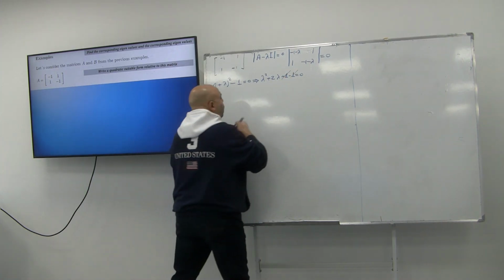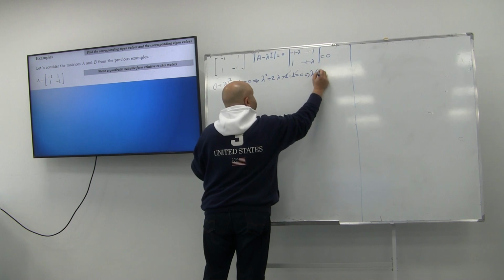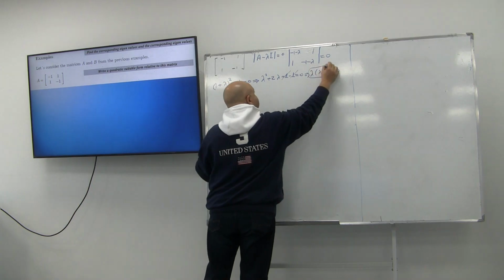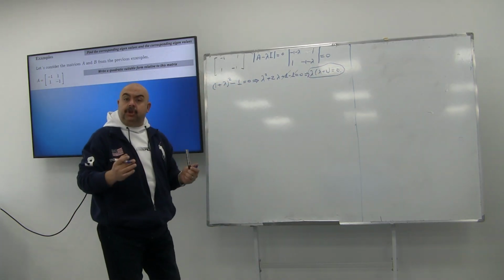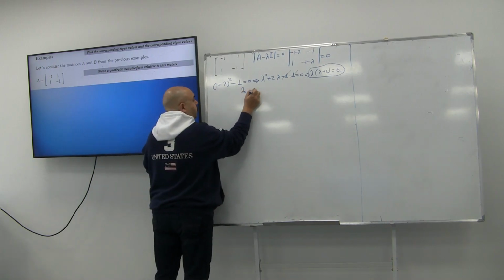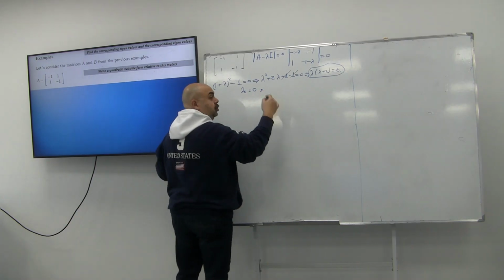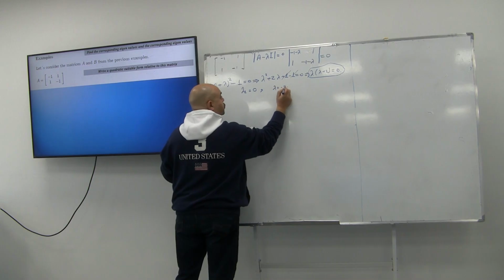So now I will have this form, which is simply lambda times (lambda plus 2) equal to 0. This is the equation that we will try to solve. So I'm having lambda 1 equal to 0. This is the first eigenvalue. And the second eigenvalue is going to be lambda 2 equal to negative 2.